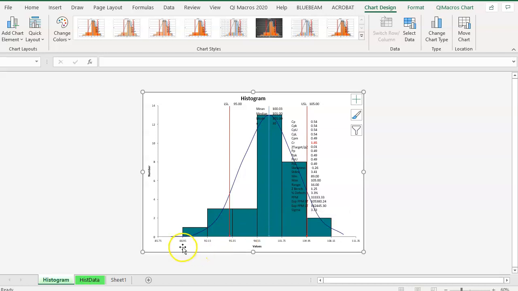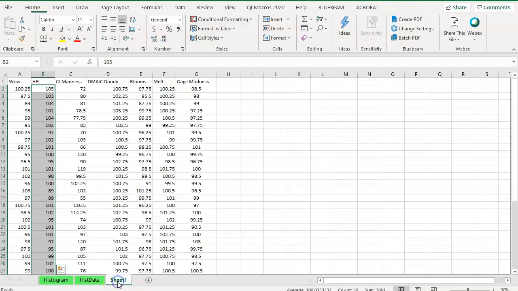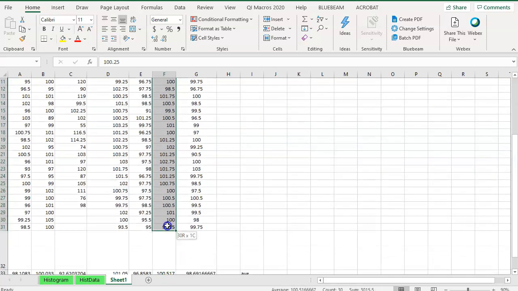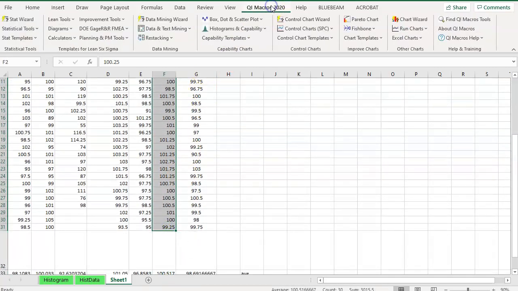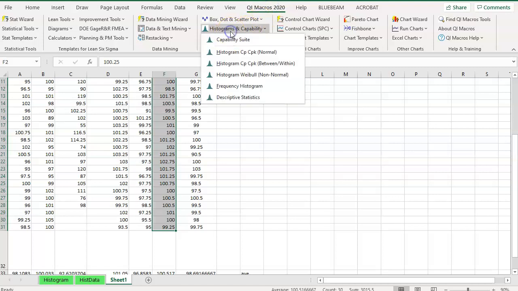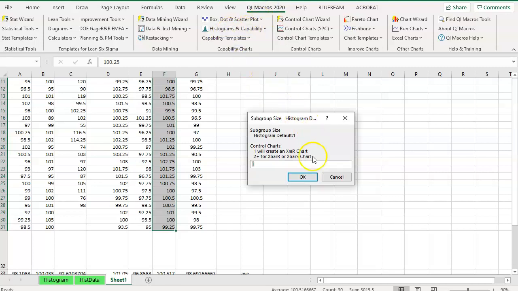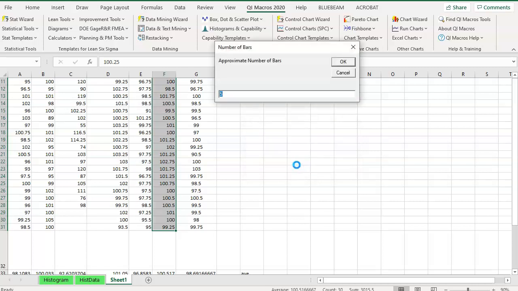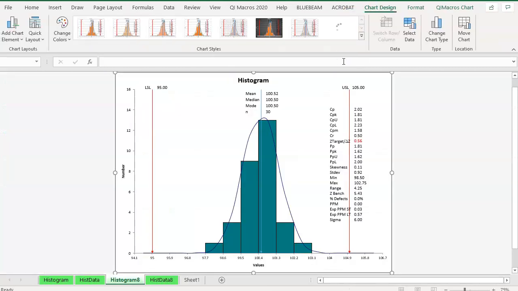Okay, let's take a look at another team's output. I'm going to take a look at team Melt next. I'm going to highlight their data in Excel. I am going to go up to the QI macros menu, choose histogram with CP, CPK, subgroup size of 1, upper spec of 105, lower spec of 95, and choose the default number of bars.